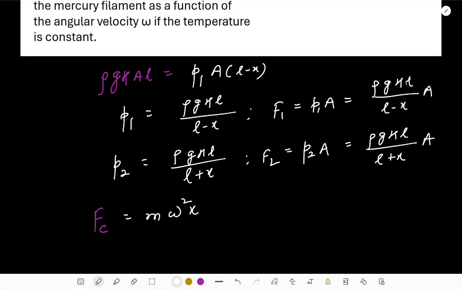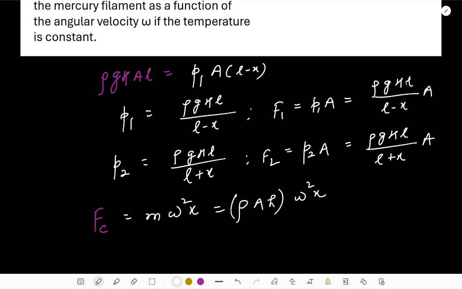So m is the mass of the mercury filament. So we need to find out the mass of the mercury filament first, and that will be density of mercury, that was rho initially, multiplied by volume, and volume will be area of cross section multiplied by its length. So this becomes mass of the mercury column, and we can multiply it with omega square x, so that we can get the centripetal force acting on it.